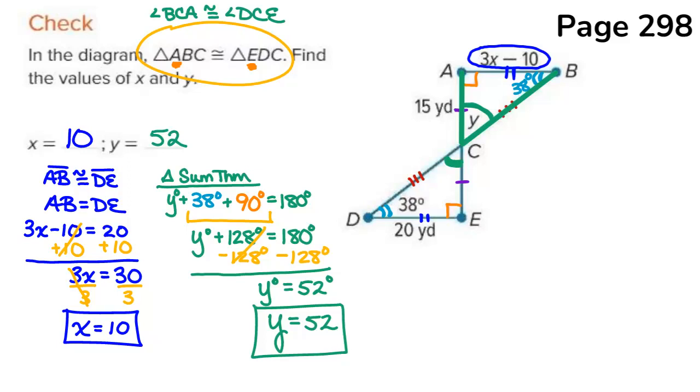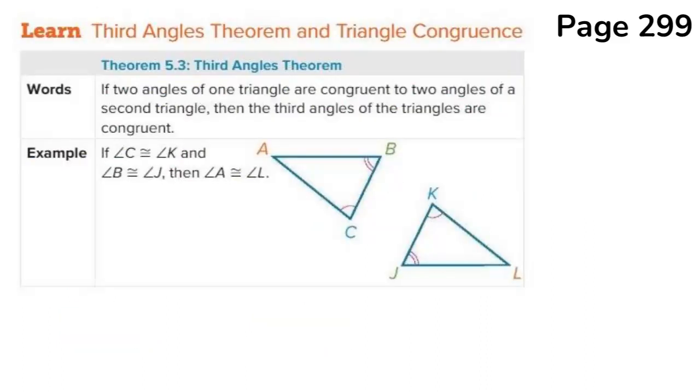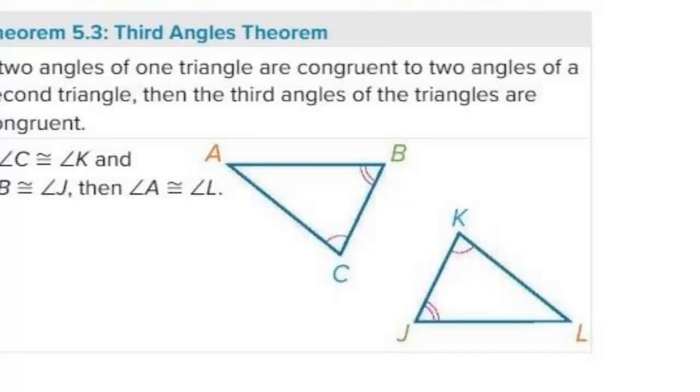We're going to learn about something called the third angles theorem and practice that a little bit before we go to your paper notes today. So page 299, the third angles theorem tells me that if I have two triangles and we have two angles in one triangle that are congruent to two angles in another triangle.